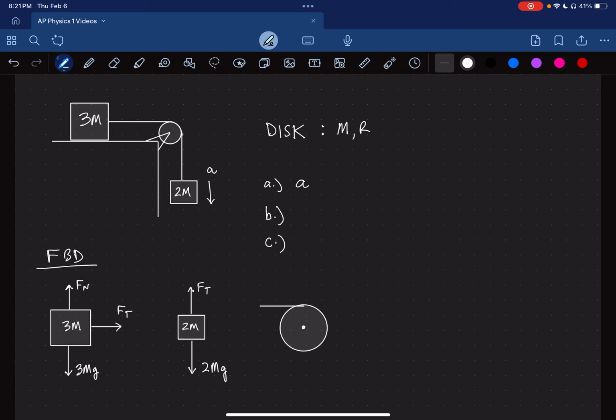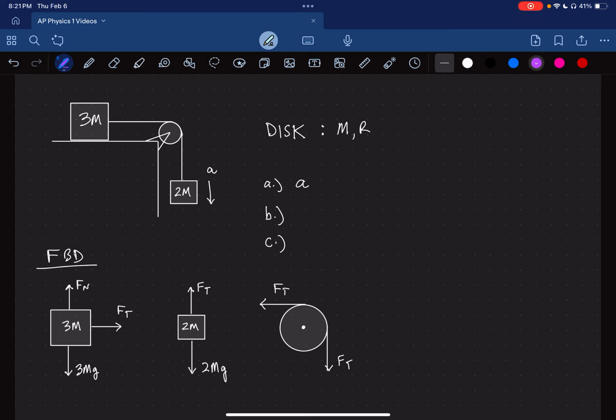There is a tension force going in this direction here, and there is a tension force here. Very good.